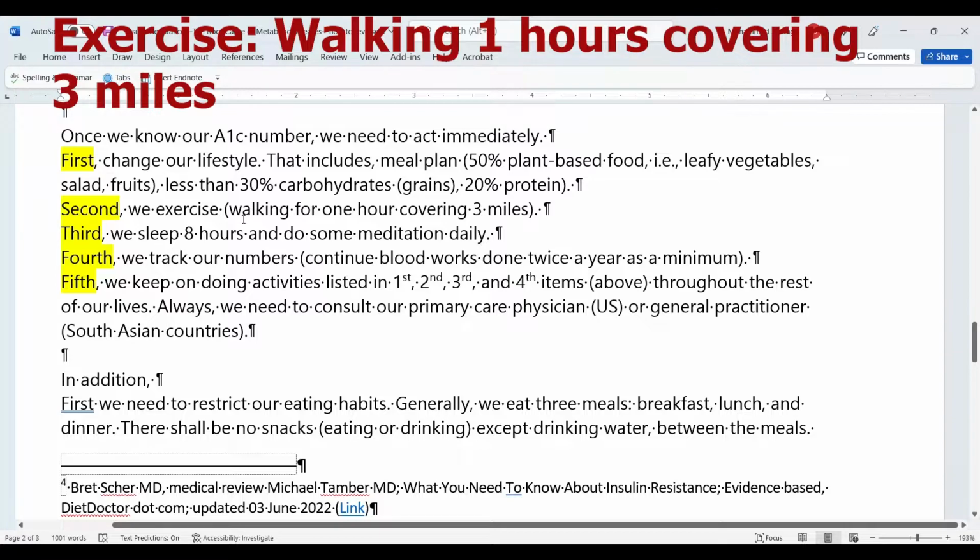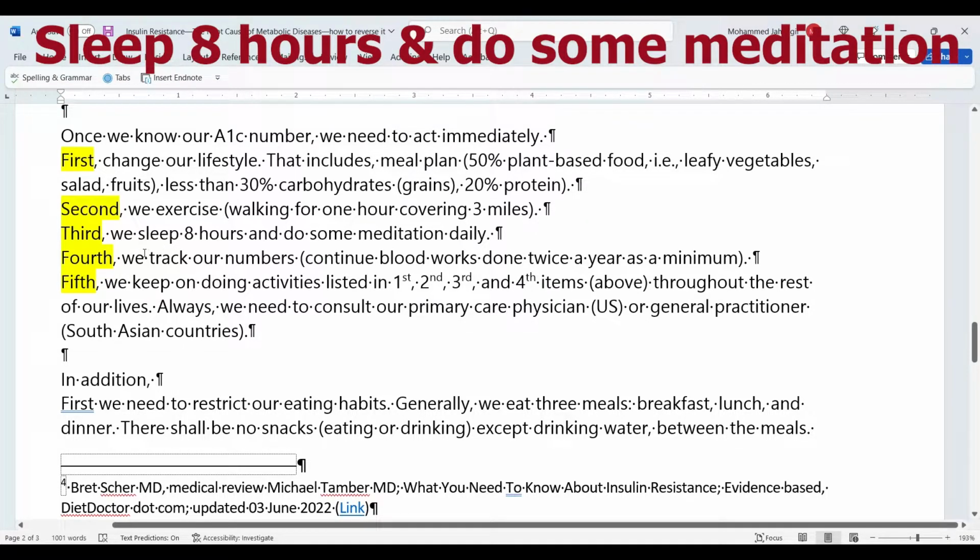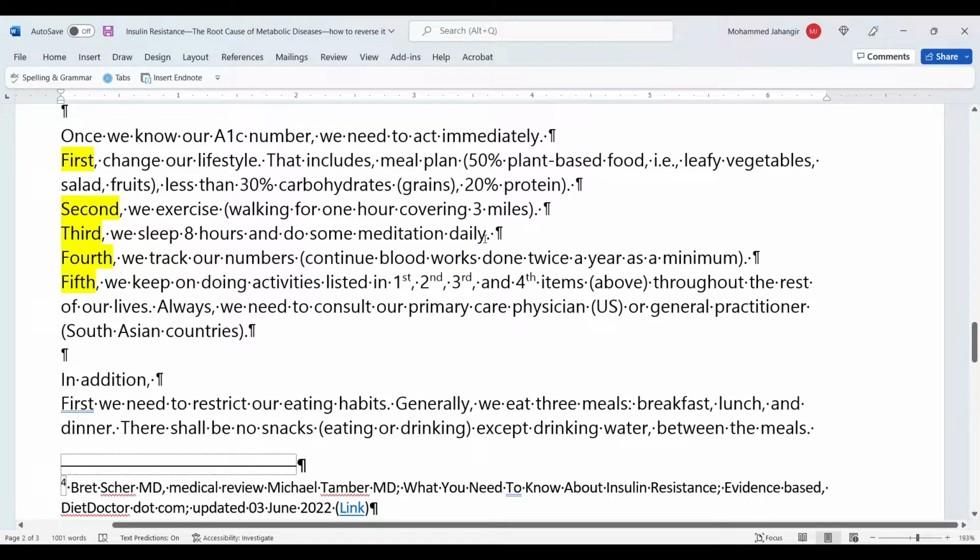Second, we exercise, walking for 1 hour covering 3 miles. Third, we sleep 8 hours and do some meditation daily.